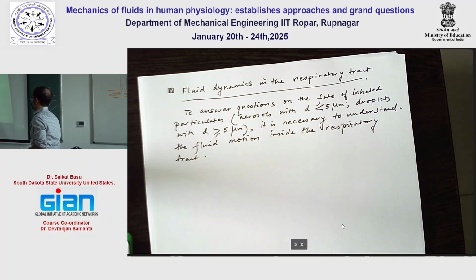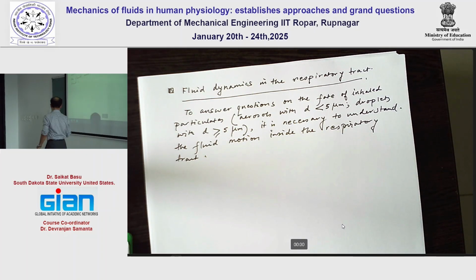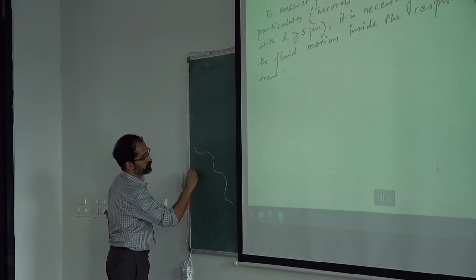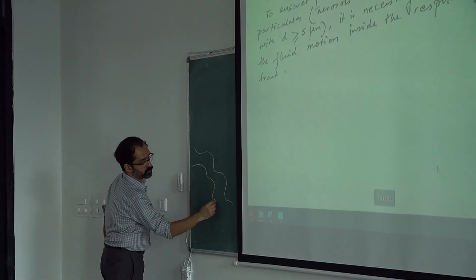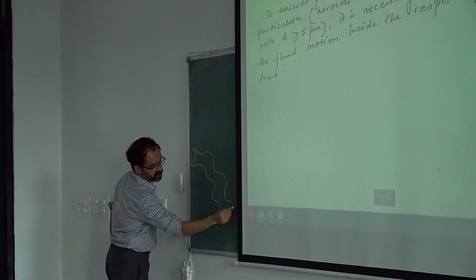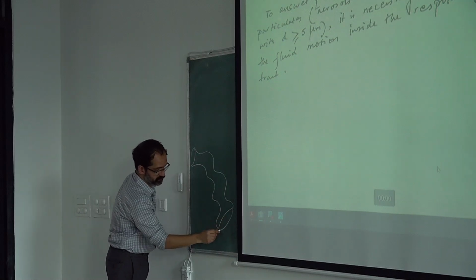To give you an example, let's assume you have a very complex geometry like this. Let's assume that this is the inlet and this is the outlet.